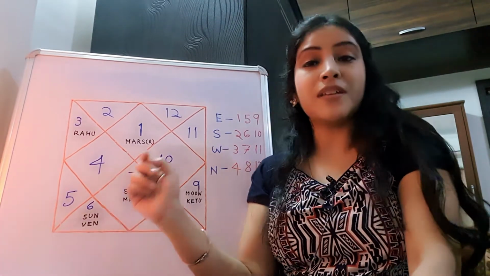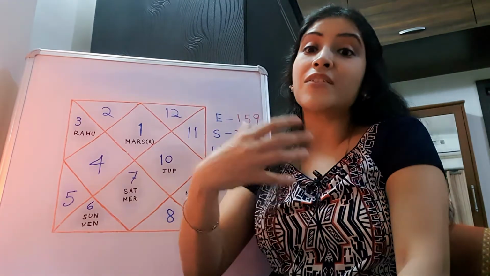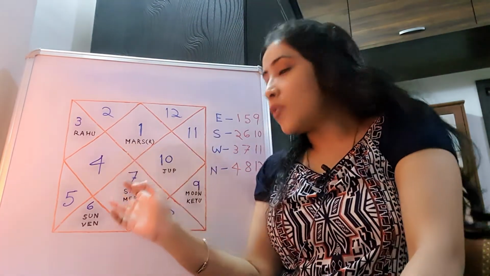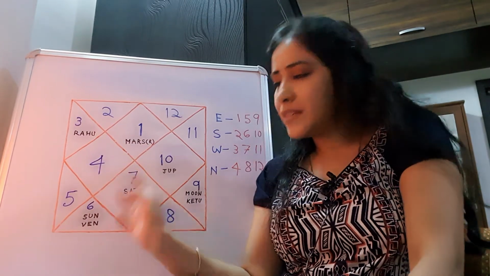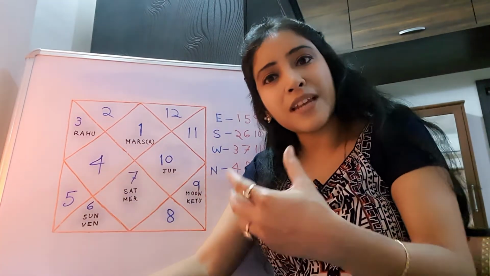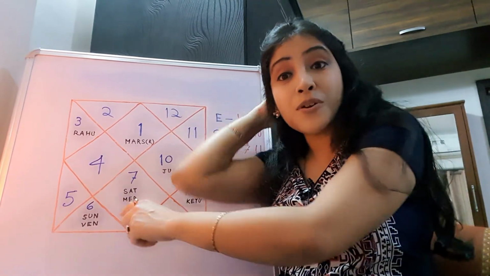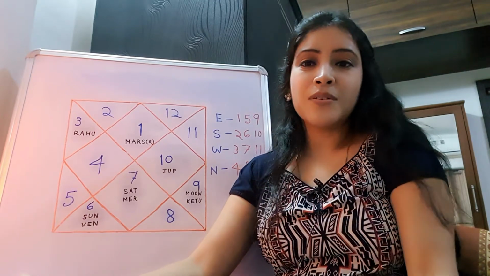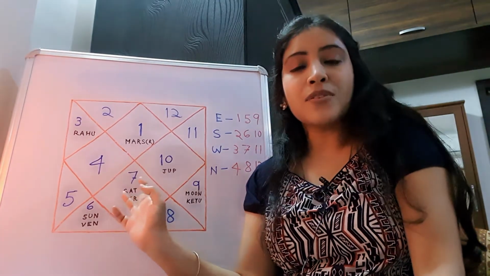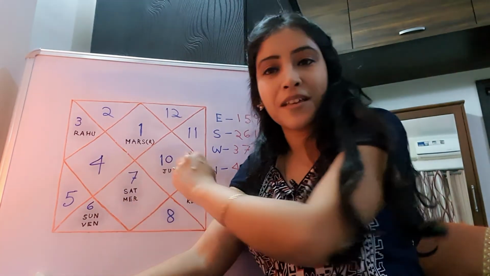Because now Mercury has the capability to behave like Venus. So now we can say that the Lord of the 7th house is also present in the 7th house, because Mercury is behaving like Venus. So the Lord of the 7th house is also present in the 7th house, and is always there to protect the native because the Lord of this house is sitting there.